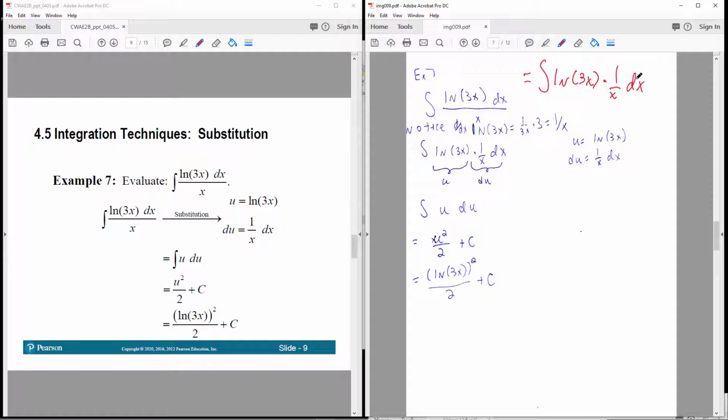So that simplifies to 1 over x. So that's what I have there. So you can identify your u, and there's your du. So I have the integral of u du there.